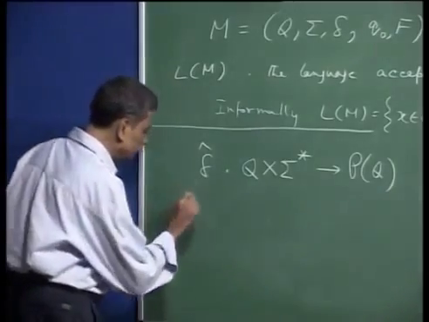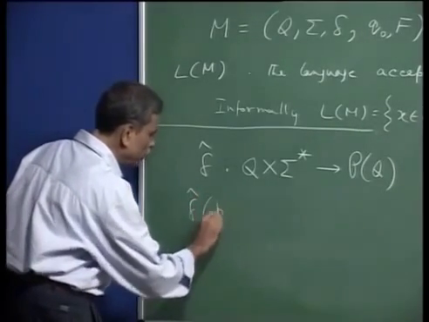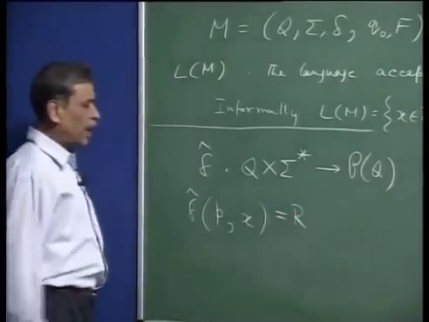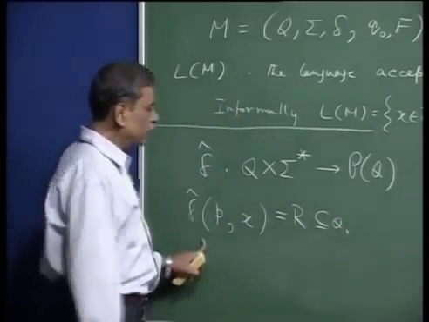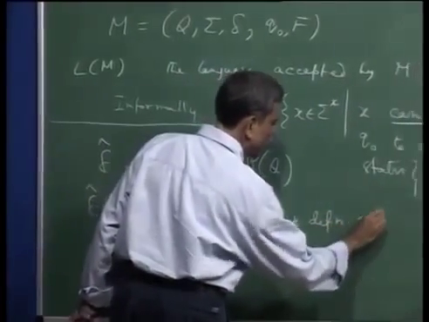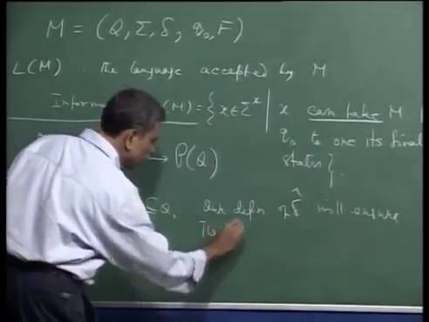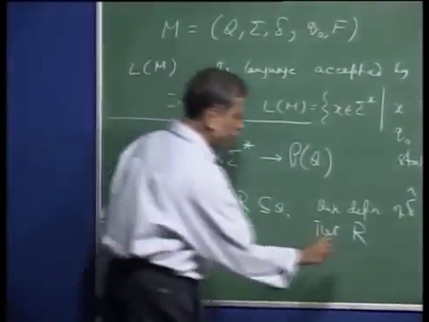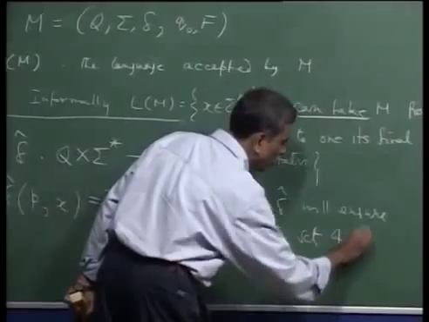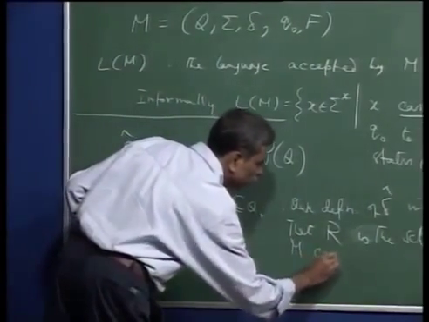So, the intent is this. We would like to define delta hat in this manner: suppose delta hat of P and X, where X is a string in sigma star, happens to be R, which is of course a subset of Q. Then our definition of delta hat will ensure that this capital R is the set of all states M can go to.